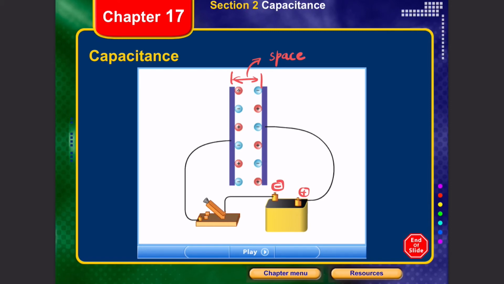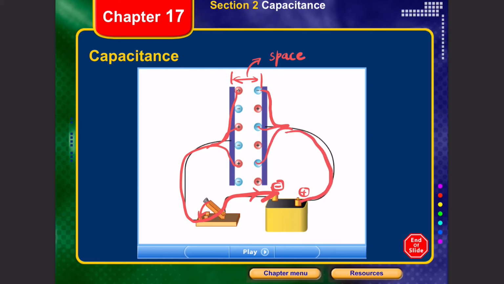So once you start connecting the battery, what will happen? All the positive charges here will start going towards the negative plate of the battery, and all the negative charges here will try to go towards the positive plate of the battery.